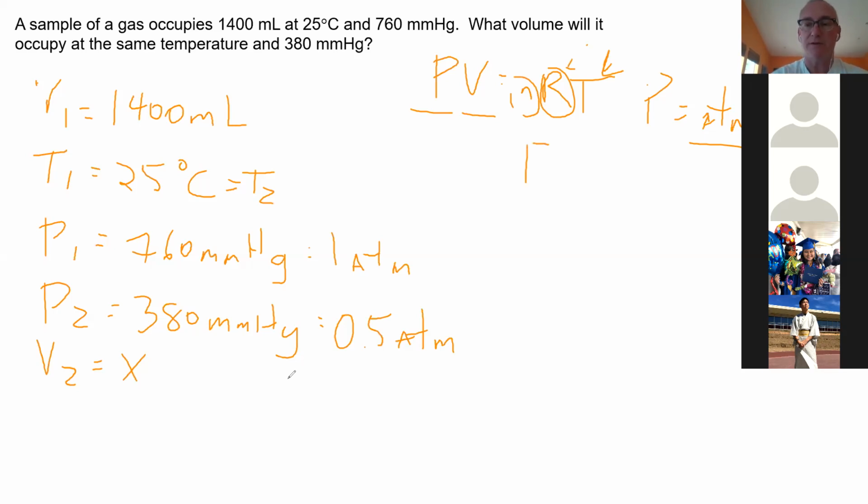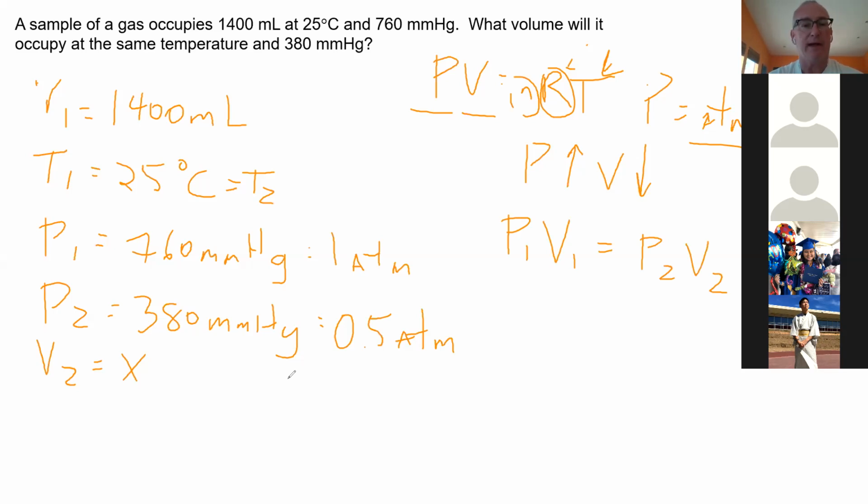So as P goes up, V has to go down by the same amount, so the product of them will be equal. Basically P1 times V1 is equal to P2 times V2, because they both have to equal the same thing. And so we can just plug the numbers in here.